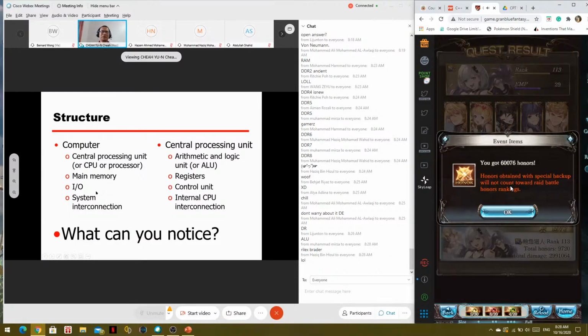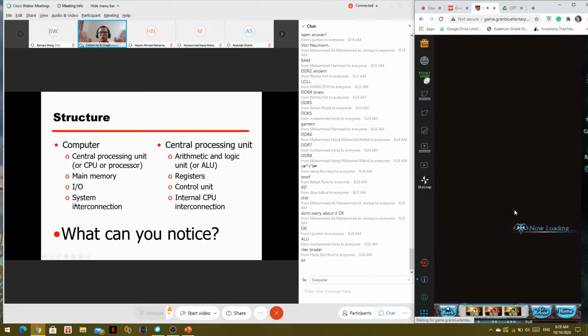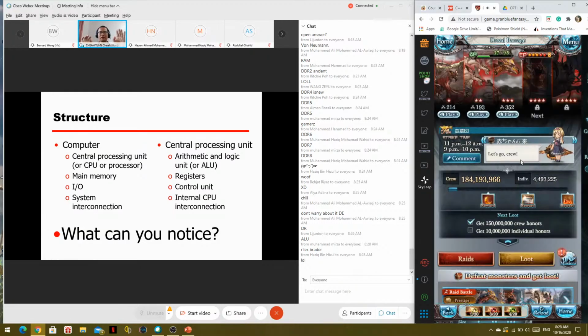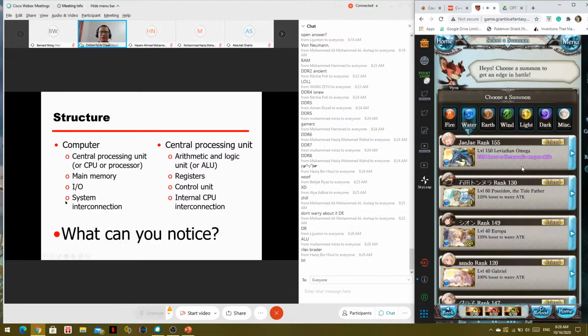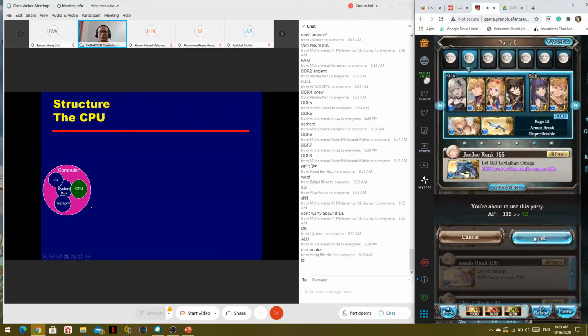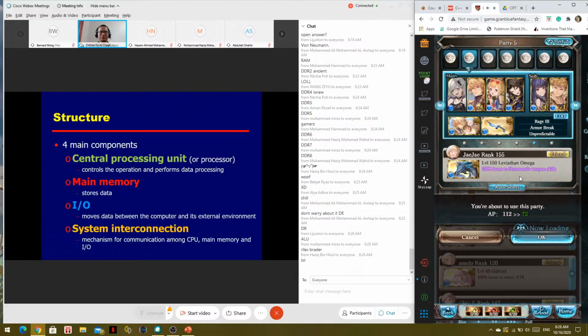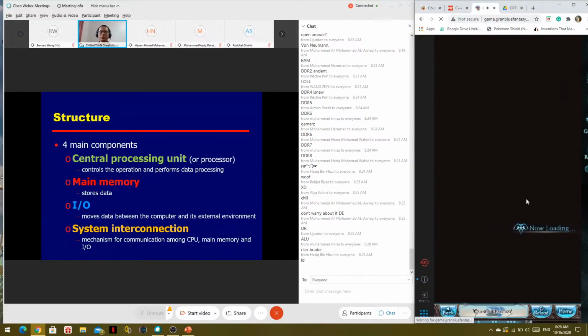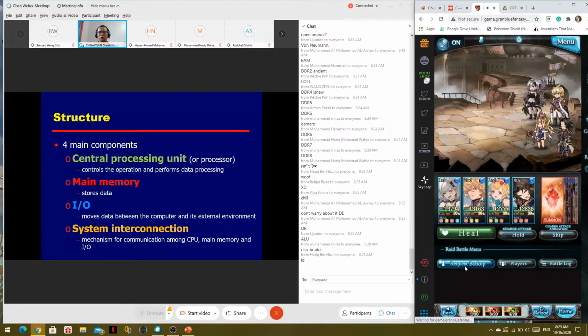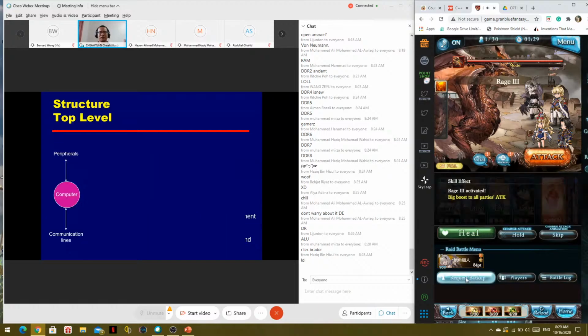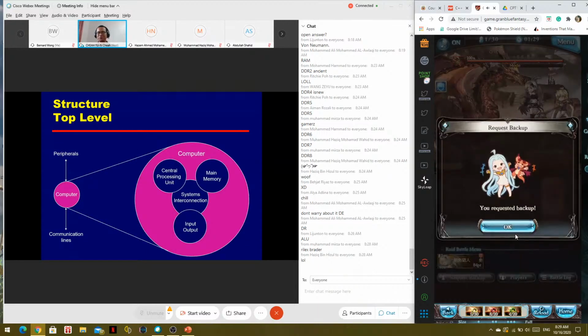Right. So if you notice, I've shown you two main structures. The computer, which has the CPU, main memory, I/O, and the system interconnection. Correct? If you remember this one. Yeah. So the four main components, the four main structure in the computer, you have these four items, which is also shown in this diagram.